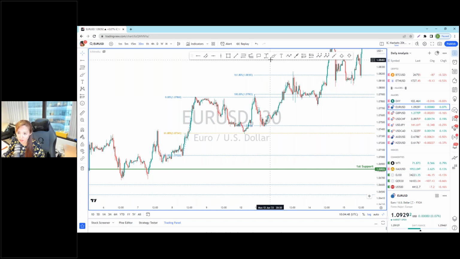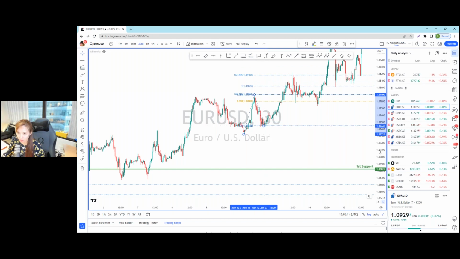Because when we draw retracement, we only use 2 points, 1 and 2. But when we want to draw expansion, we use 3. For example, my starting point, middle point, and ending point here.